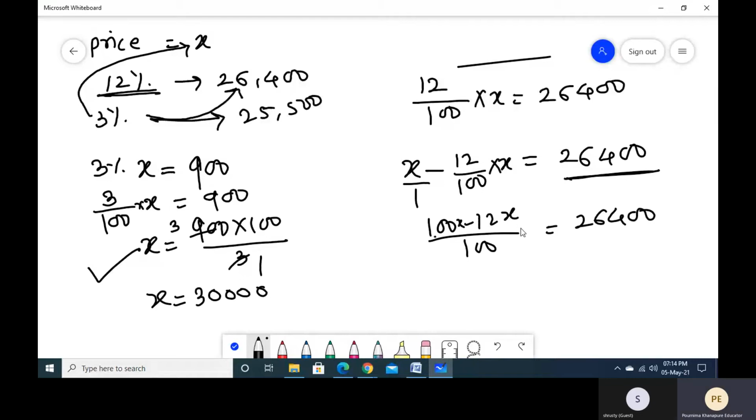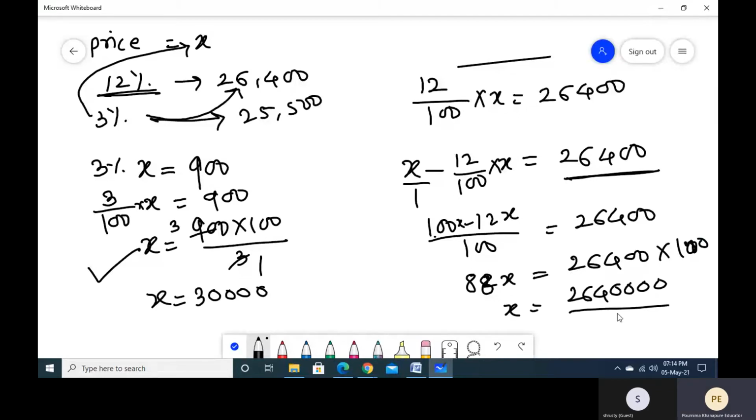So 100x minus 12x is, sorry, 88x, which is equal to 26,400 into 100. Then x is equal to 2,640,000 divided by 88. This big calculation you have to do and you will get the answer. In both ways we can do it, but here calculations are less, here calculations are more.